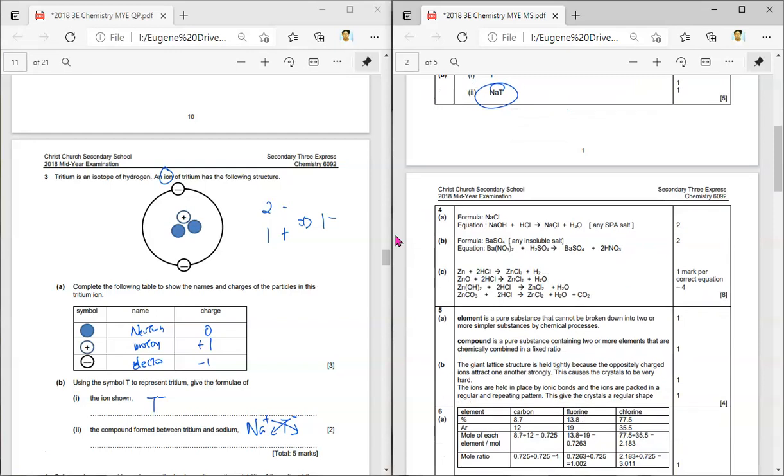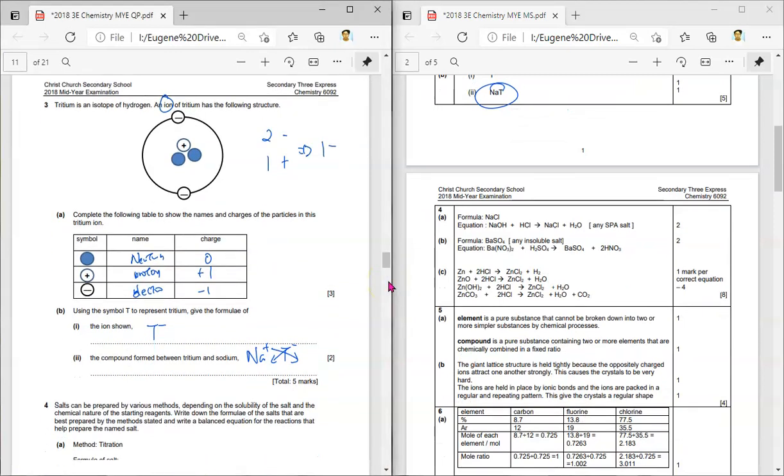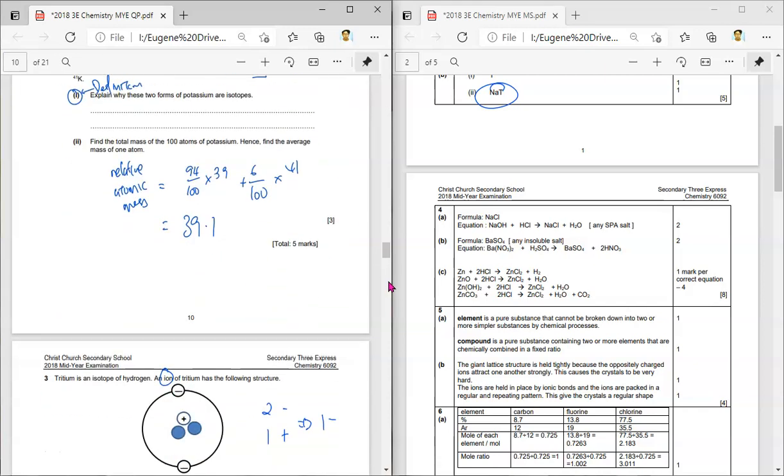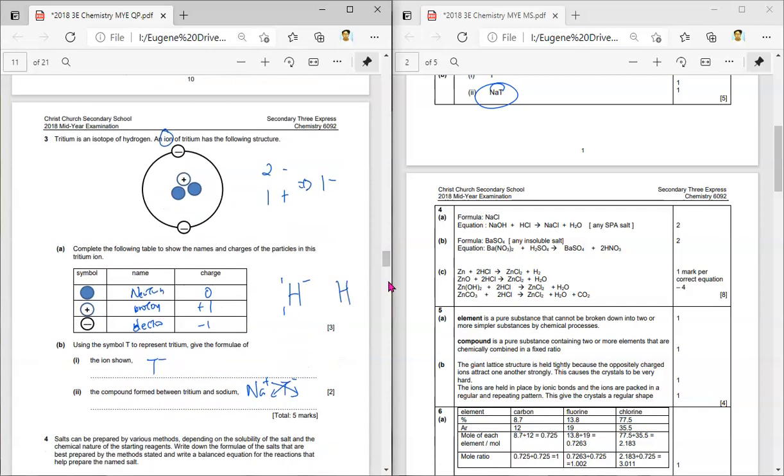Now just one more thing to add. This is quite similar to a hydride ion, except that this is for hydrogen, which is H 1-1. But tritium is actually H 3-1. Why would I put 3? You can figure it out.